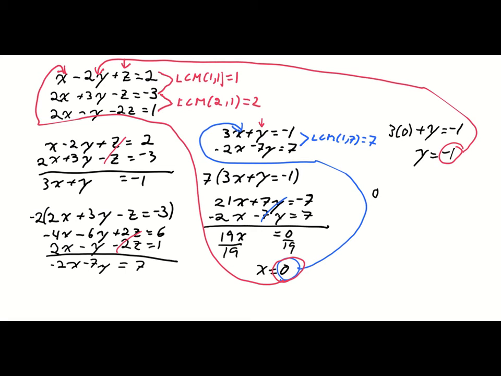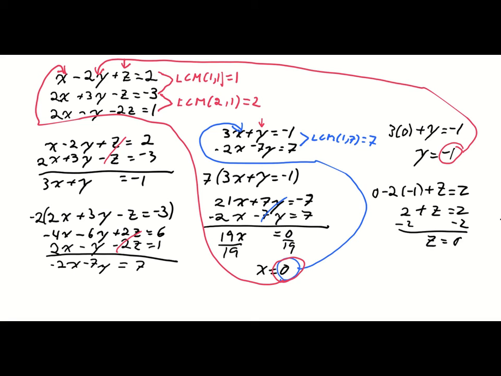We have 0 for x minus 2 times -1 for y plus z equals 2, giving us 2 plus z equals 2. Subtracting 2, z is equal to 0.